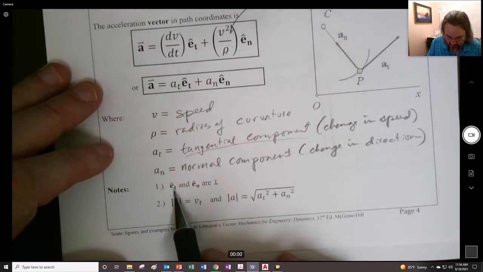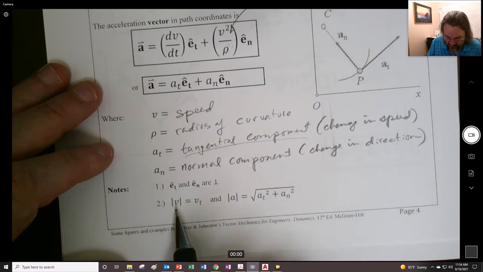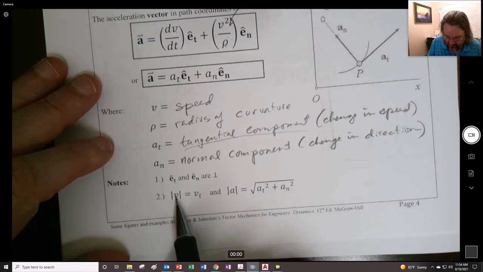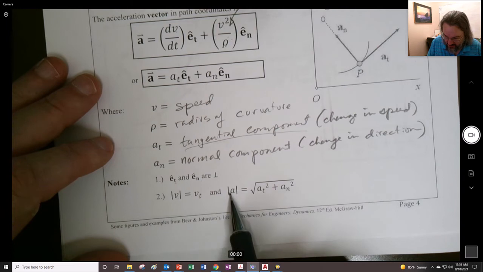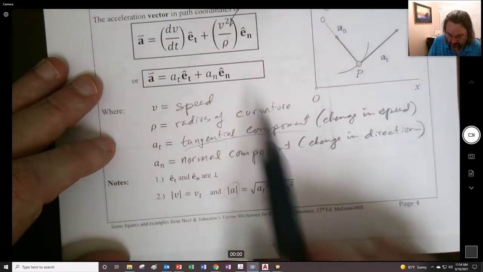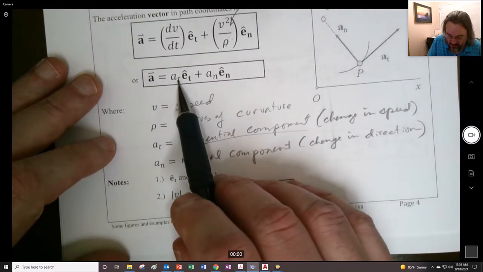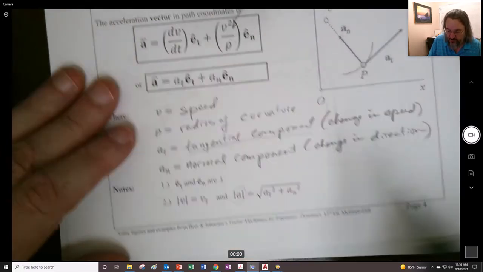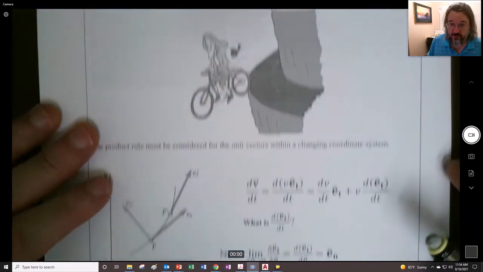Other things to notice: these components are perpendicular to each other, and the magnitude of the acceleration is just the sum of the squares of these two components. And I have the derivation now, a quick and dirty derivation.